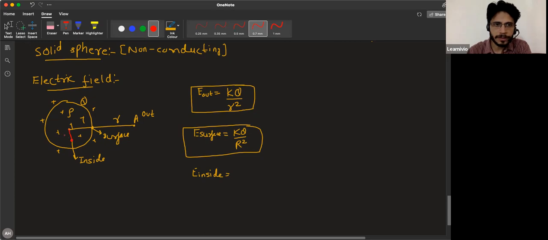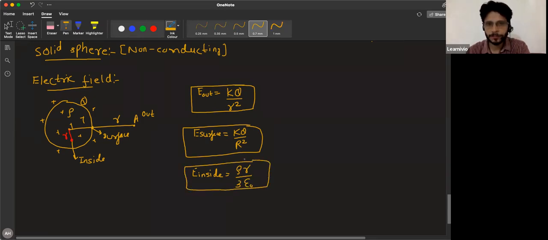This point is at a separation r from the center of the sphere. Then inside the sphere, field is rho r by 3 epsilon, where r is the separation of the point inside the sphere from the center.